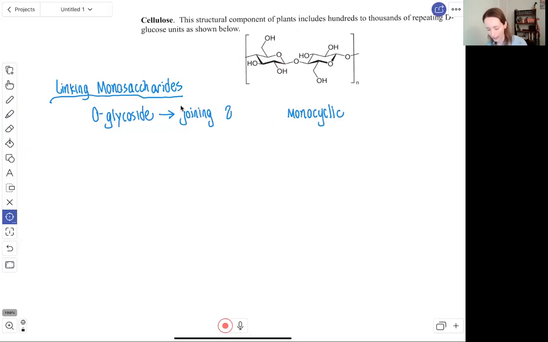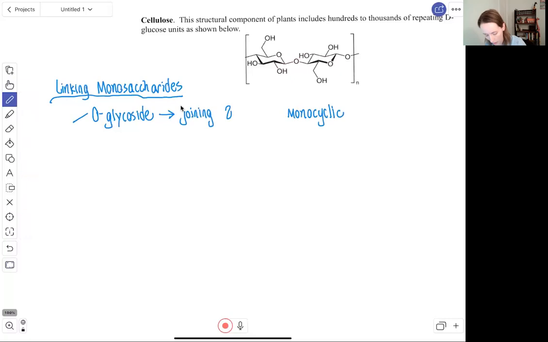So that O-glycosidic link is referring to the fact there's an oxygen bridging the two monosaccharide structures to covalently link those.